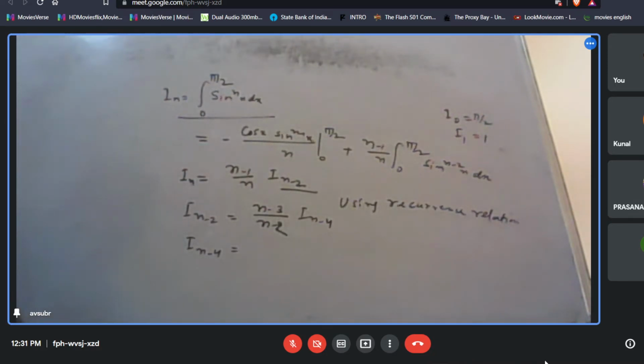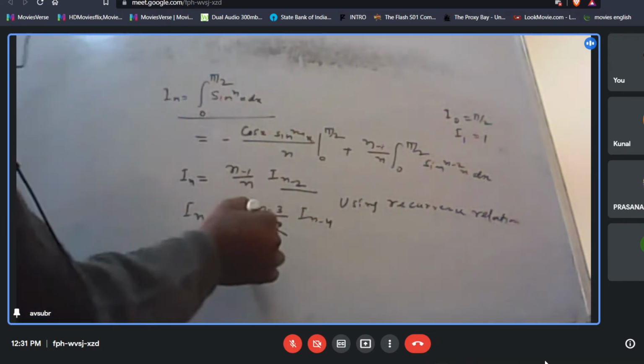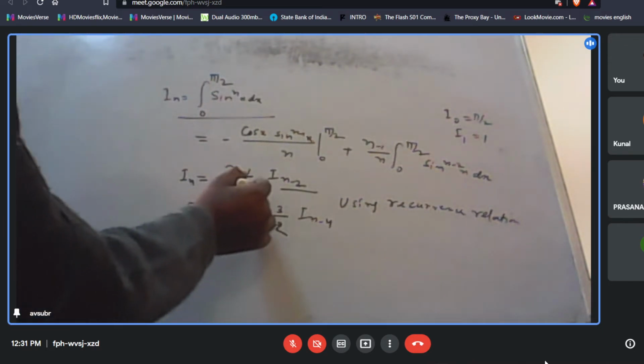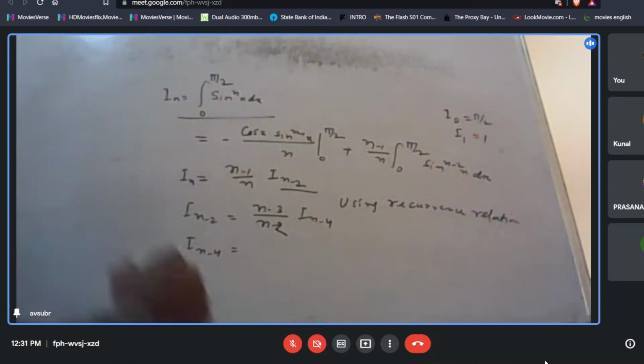Thank you for the correction. I hope now it is clear. In place of n, now we are putting n minus 2.